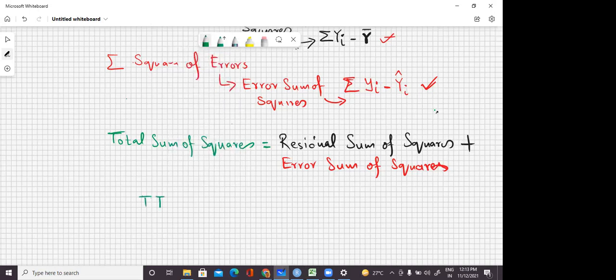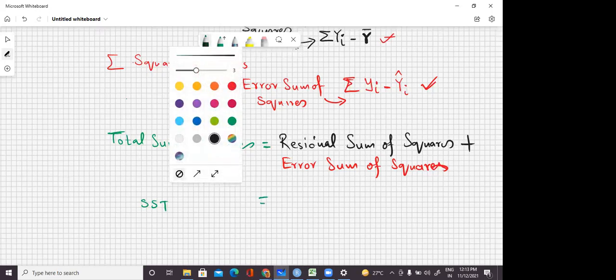SST equal to SSR plus the error sum of squares, that is SSE.